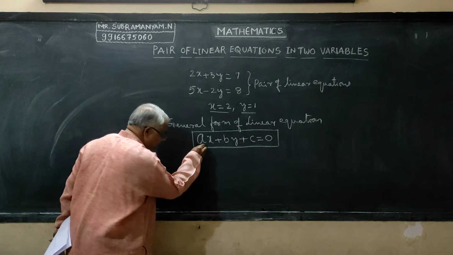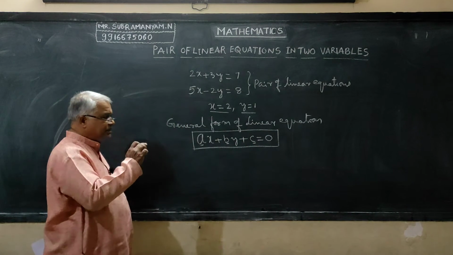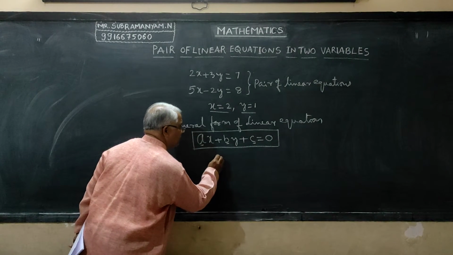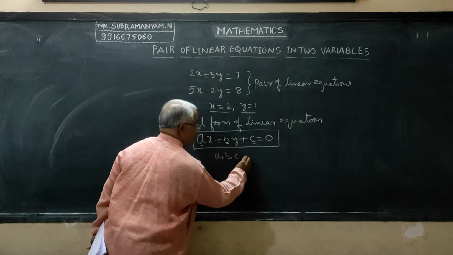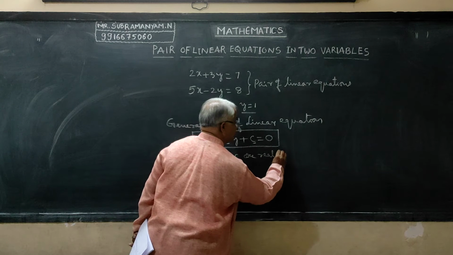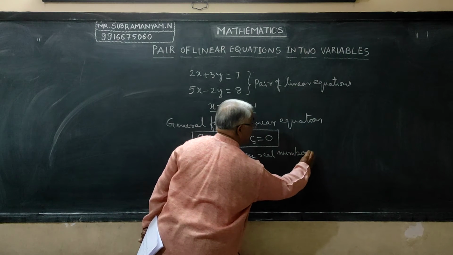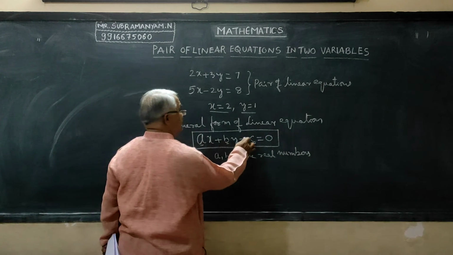Here we have a, here we have b, and here we have c. These a, b, c are real numbers.